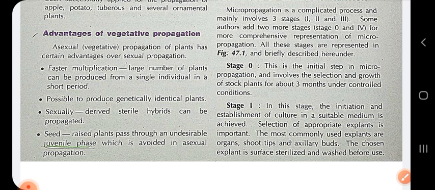That juvenile phase can be overcome by using vegetative propagation. Indirectly, forcefully, we are trying to grow the plant in a quick period of time. We are providing growth, and at the same time we are overcoming this juvenile phase of the plant.